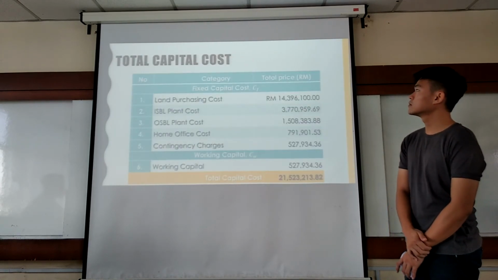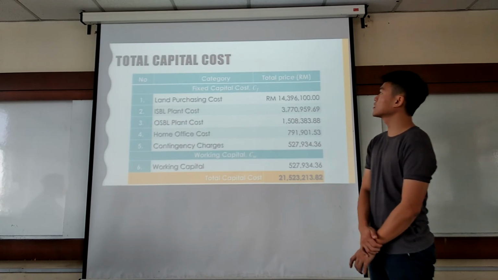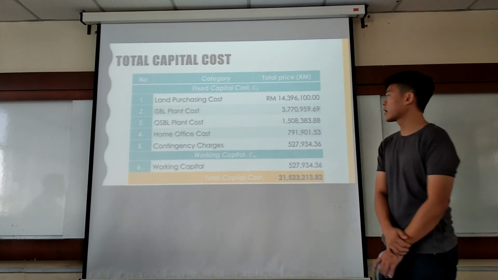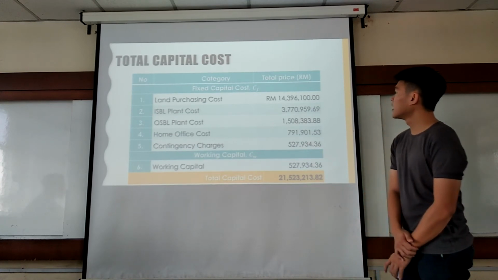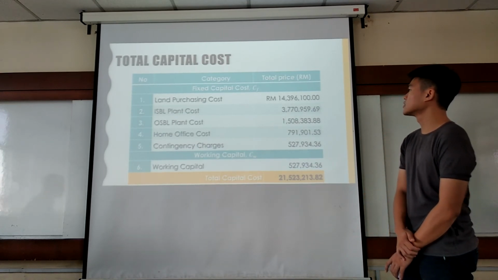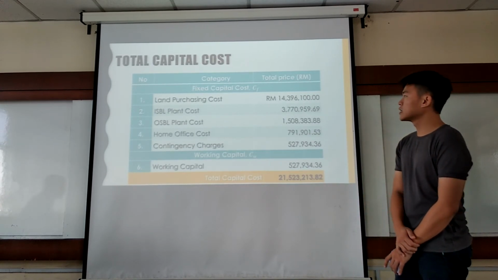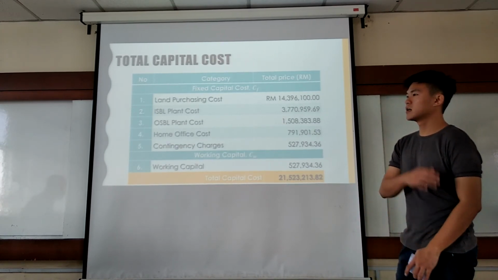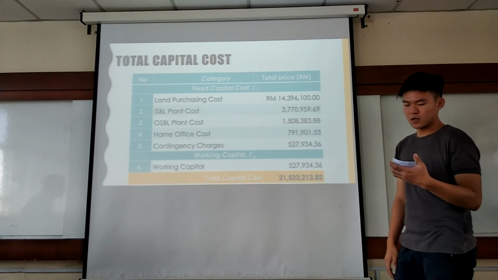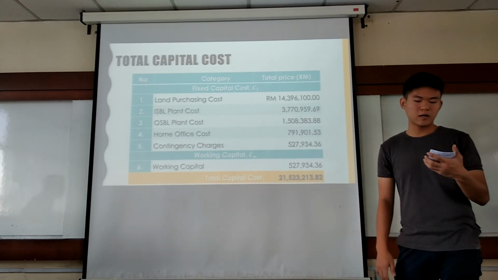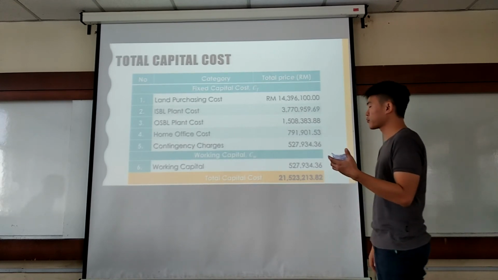Next, when it comes to the total capital cost, we include all the costs I just explained: the land purchasing cost, and then the ISBL plant cost, which is calculated from the equation ISBL equals CEQ times F. F is the line factor. For this line factor, we use 3.63 since it is a mixed fluid-solid processing plant.